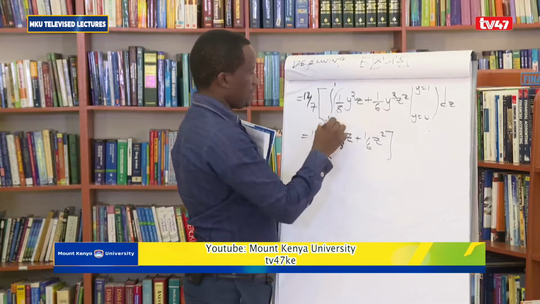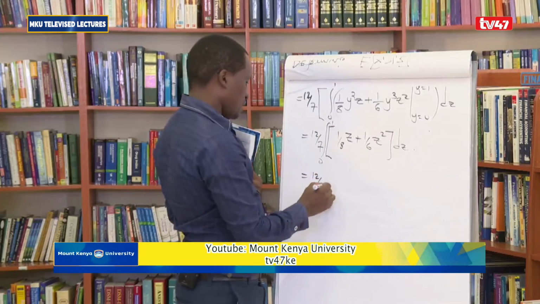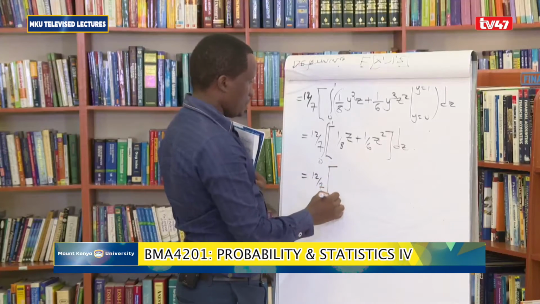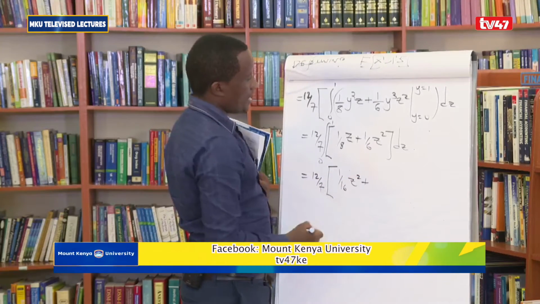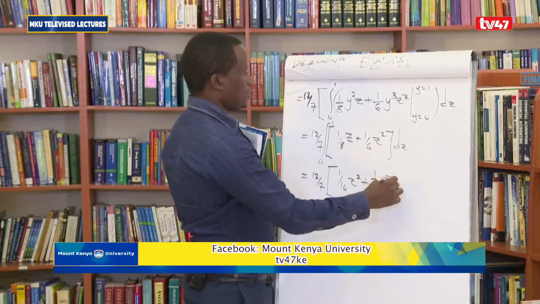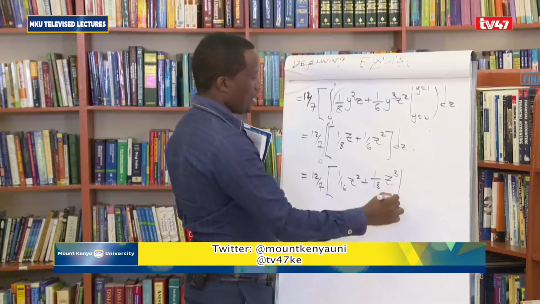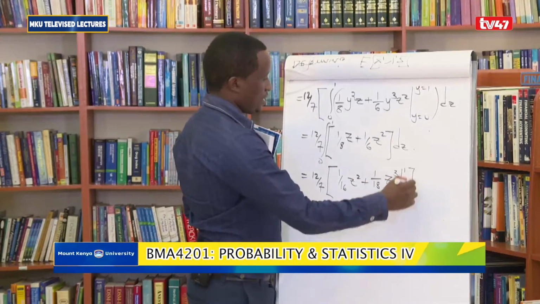I'm integrating with respect to z. So this becomes 12 over 7. Then this will be 1 over 16 z squared plus 1 over 18 z cubed. Make replacements for z equals 0 and z equals 1.